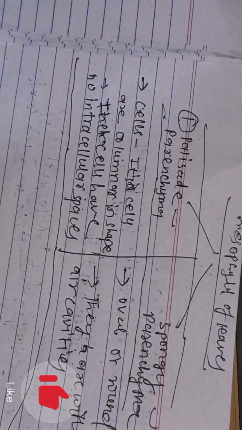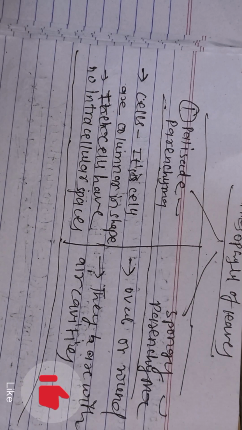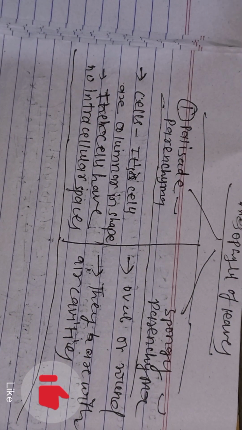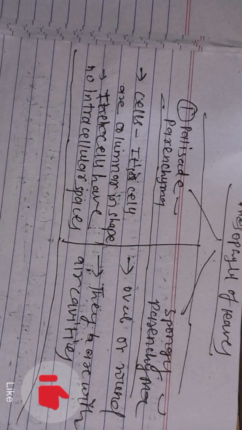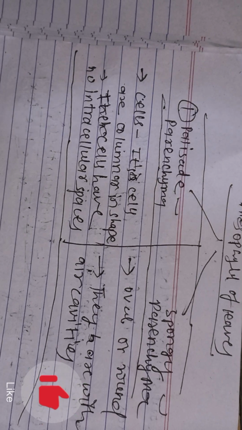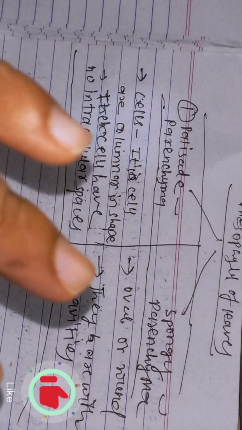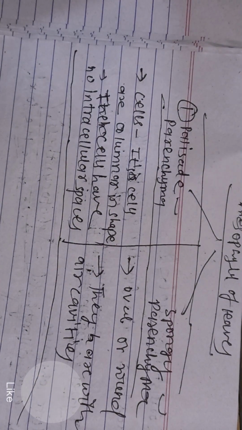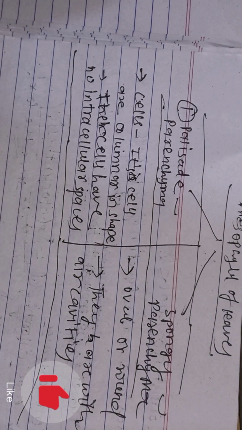On the basis of cells and intracellular spaces, we have two differences between palisade parenchyma and spongy parenchyma. We are studying these in the mesophyll of the leaf, under the topic parenchyma.